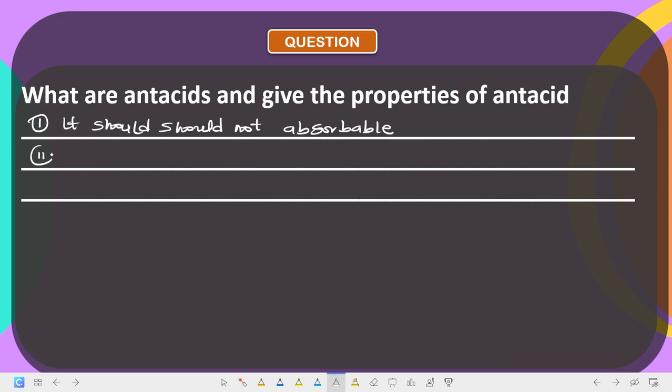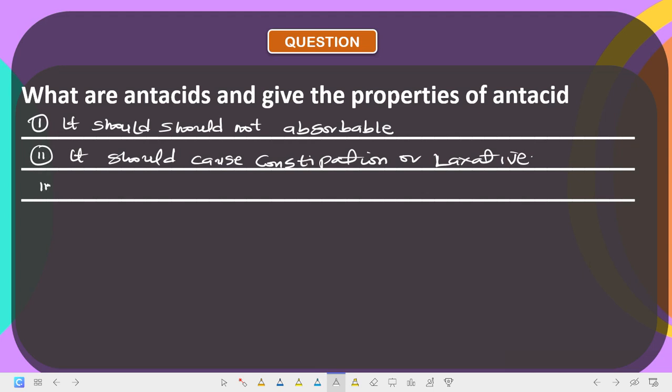Then two, it should not cause constipation or should not be used as a laxative.